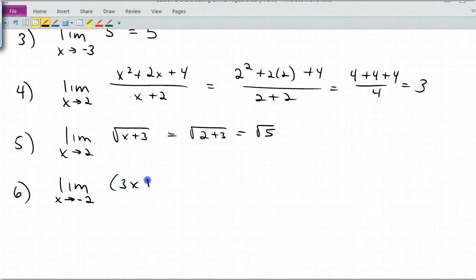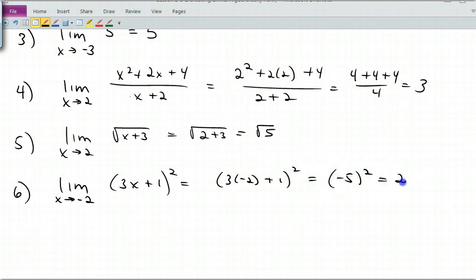You have 3x plus 1, a linear function inside a squared function. Substitute in, square it, that's -5 squared equals 25. So if you were to graph that on your calculator, 3x plus 1 quantity squared, and you went to the table and input -2, you're going to get an output of 25. Alright, this is the end.